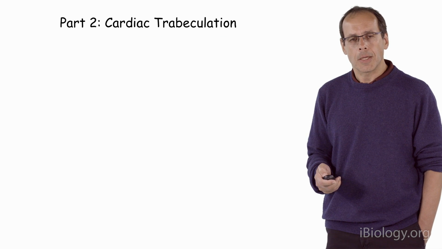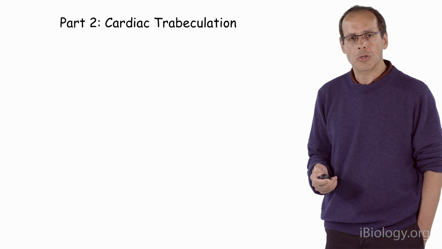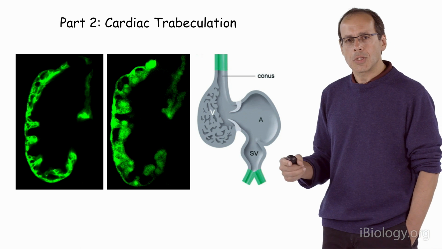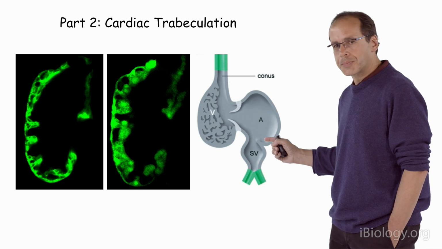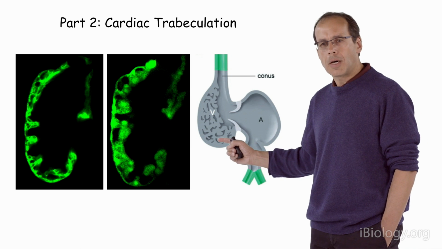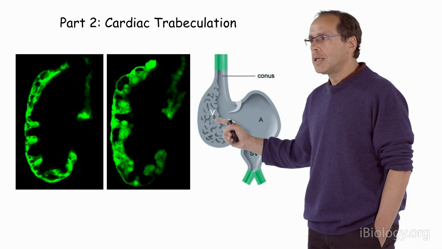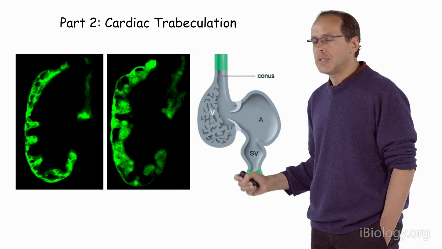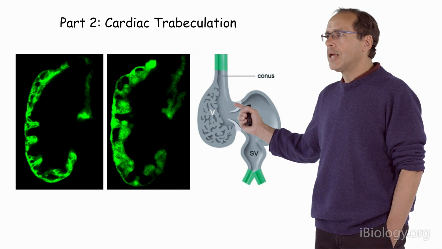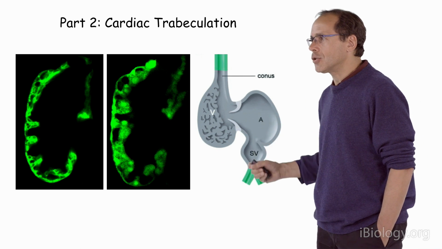Very similarly, in part 2, what we'll be looking at is this process of cardiac trabeculation, as I mentioned. As you can see in this cartoon, trabeculation is an interesting process. Trabeculae are mainly formed here in the outer curvature of the ventricle, but not in the inner curvature, right here, and also not in the atrium.